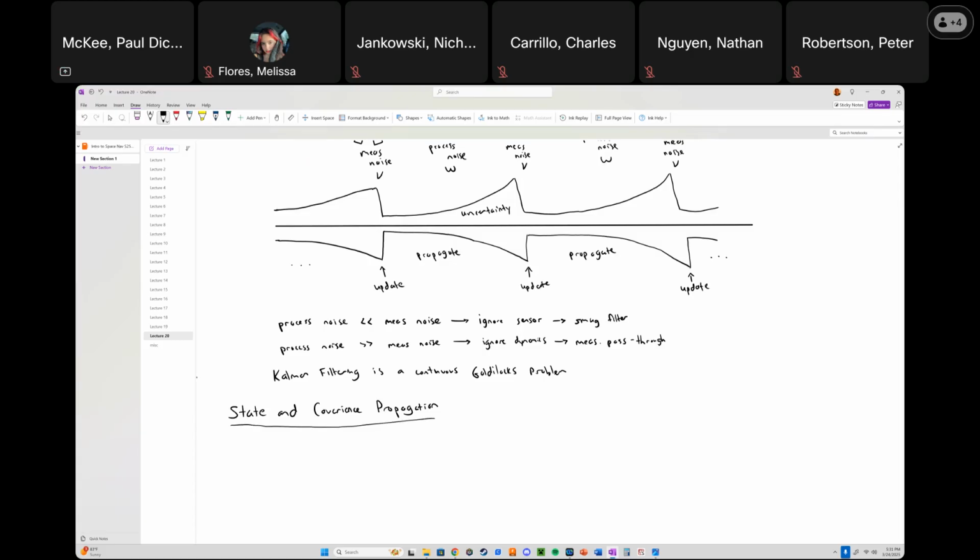Okay, so we begin with our dynamics model, which is, remember, x dot of t is f of t, x of t, plus g of t, omega of t.